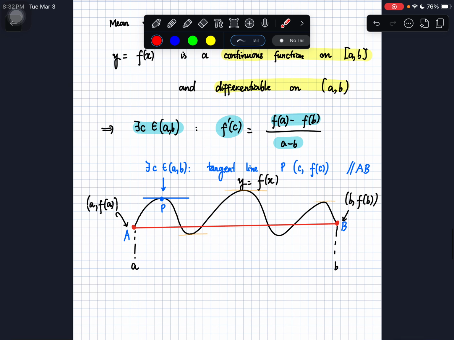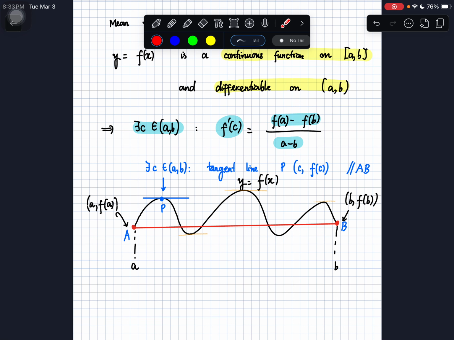Here I draw an example. The graph here is a graph of a continuous function on the closed interval [a, b], and it is differentiable on the open interval (a, b). So at every point we can take the derivative and compute the slope of the tangent line. f prime at c is the slope of the tangent line at the point c, f(c). f(a) minus f(b) over a minus b is the slope of the secant line joining a and b.